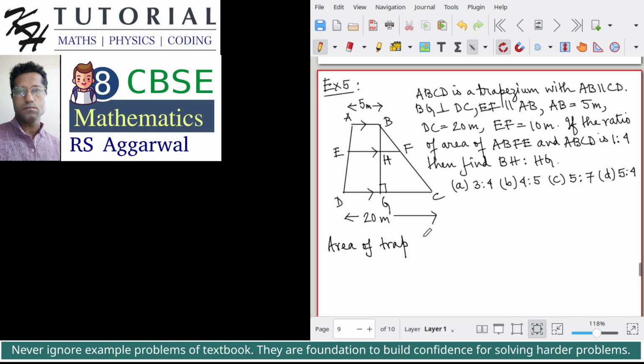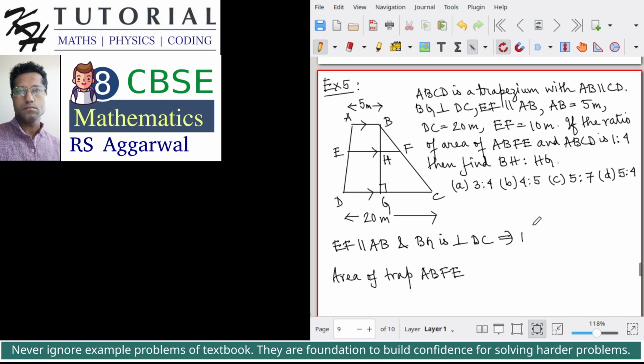So area of trapezium ABFE. Now, before that, we need to understand that EF is parallel to AB and BG is perpendicular to DC.